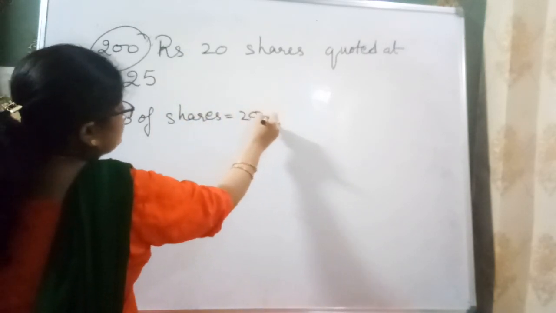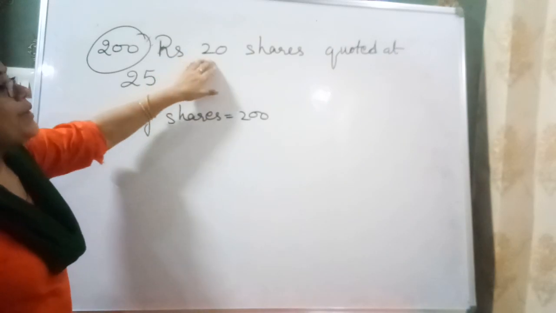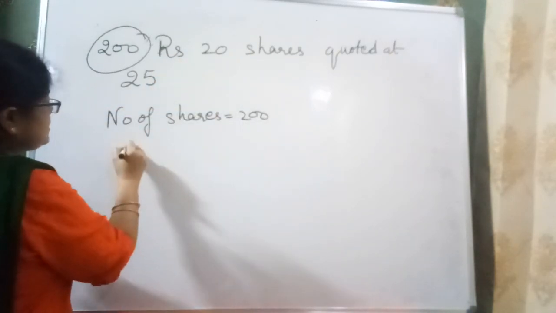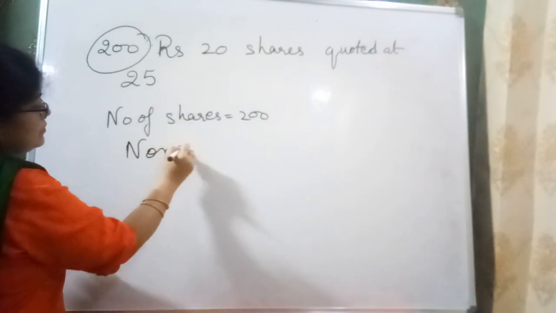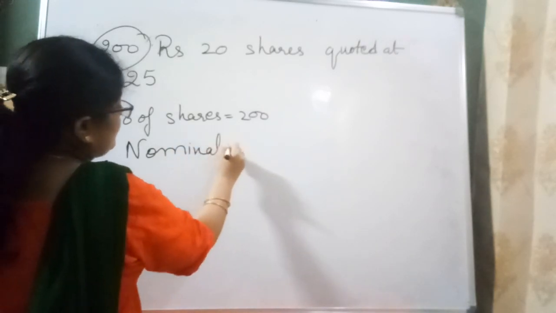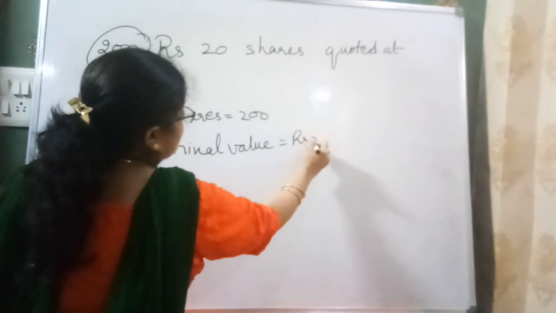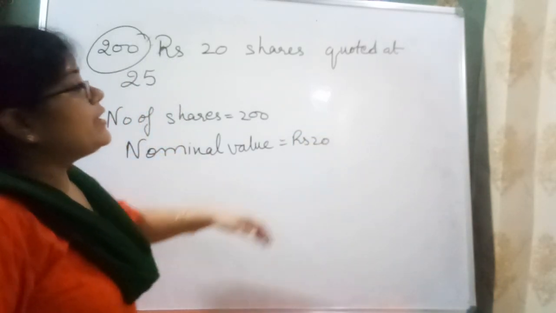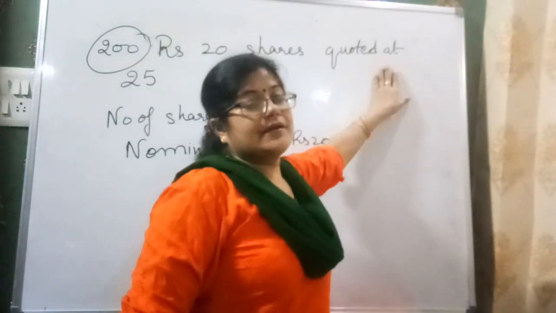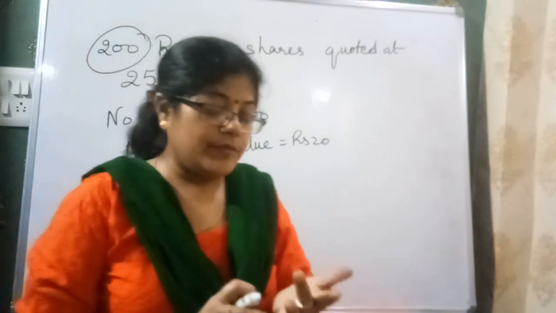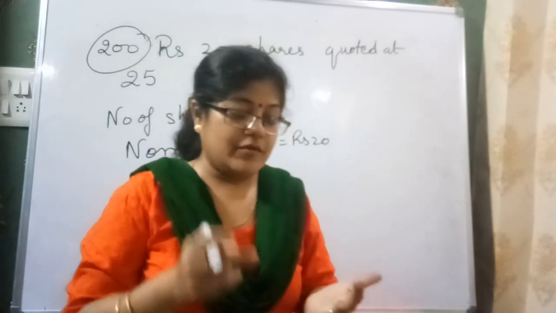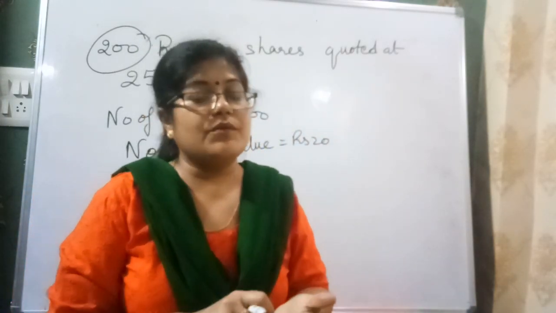Do the analysis firstly. Rupees 20 shares, that means the nominal value of the share is rupees 20. Now here it is written quoted at. Neither premium is given, nor above par, nor below par, nor discount.